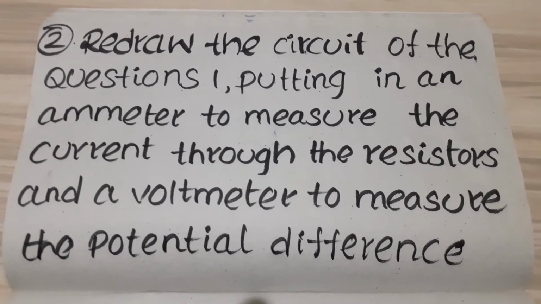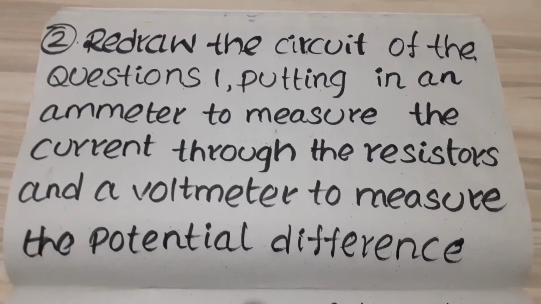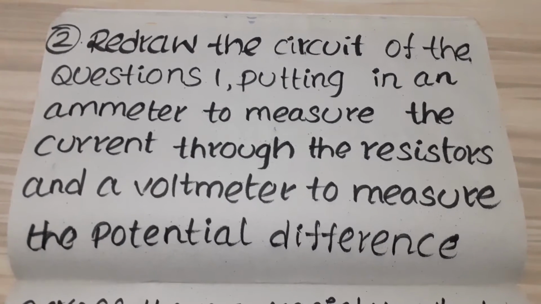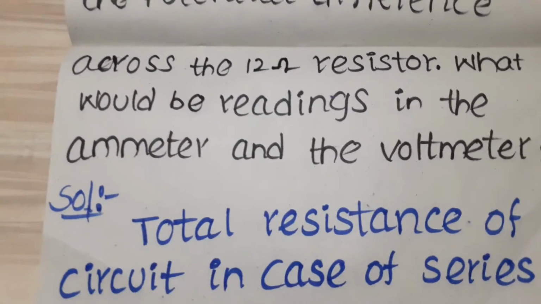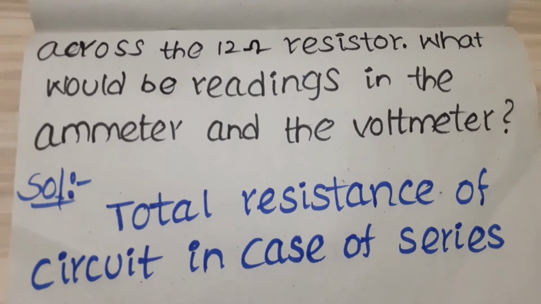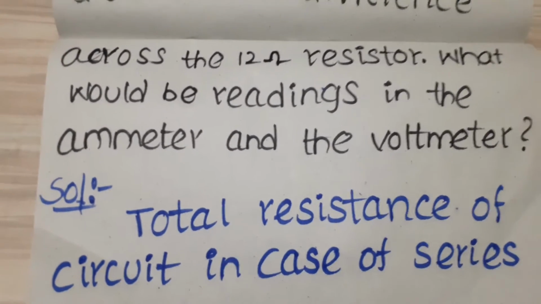Question number 2. Redraw the circuit of question number 1, putting an ammeter to measure the current through the resistor and a voltmeter to measure the potential difference across the 12 ohm resistor. What would be the readings in the ammeter and voltmeter?